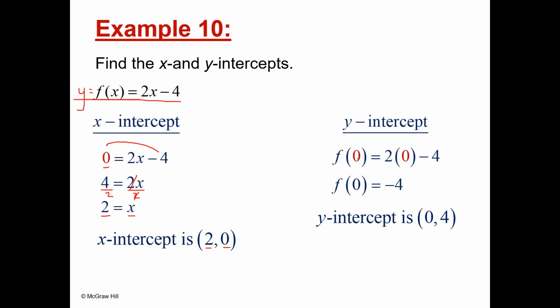So we will write f of 0 equal to 2 times x, in this case 0, minus 4. 2 times 0 is 0. 0 minus 4 is minus 4. So in this case, the y-intercept is (0, -4) because x is equal to 0, and the value we calculated for f of 0, which is the value of y, is equal to minus 4.